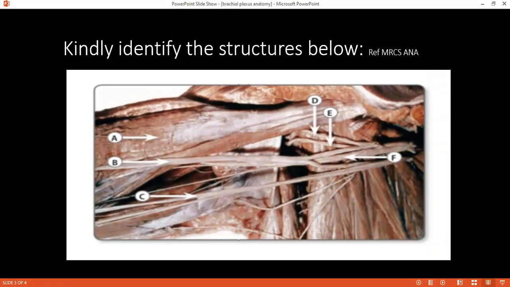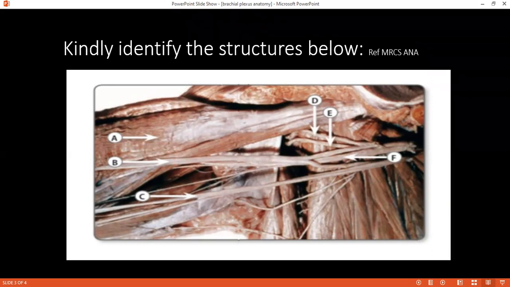It's the roots, trunks, divisions and cords. Roots are located in the posterior triangle. But you have to tell me, on a human being, how would you mark roots and trunks and cords? Where would you mark them? Okay, you'll tell me later.